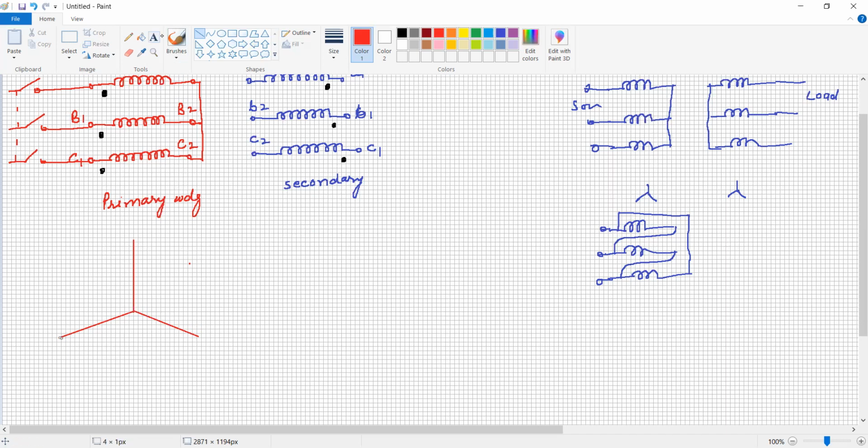All three phases are equal in magnitude.